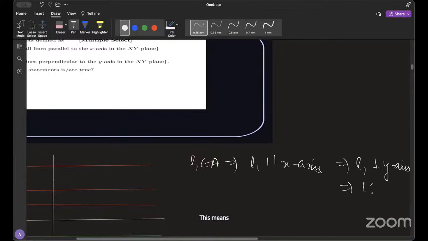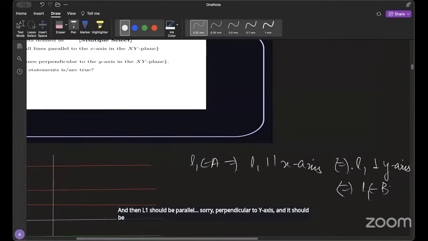This means your L lies in B. And the same way you can do it for the other direction. If L1 is in B, then L1 should be perpendicular to the y-axis and it should be parallel to the x-axis. So this implies this. Is this okay?